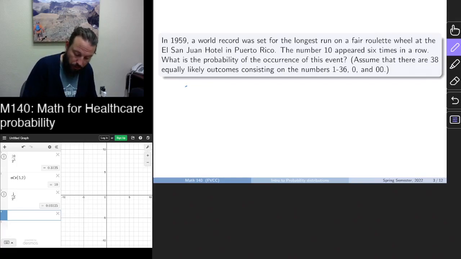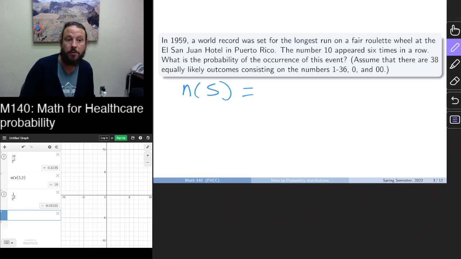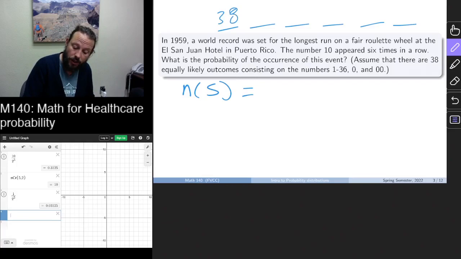Okay, so first, we always want the size of the sample space. How many different outcomes are there? Well, think about it. We're spinning it 6 times, right? How many possibilities for each turn? 38. And so the sample space is 38 to the 6th.